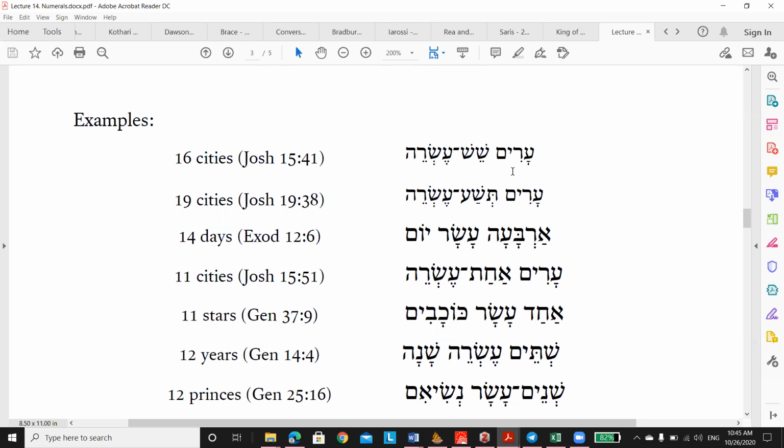Yes. Do you see in Hebrew, it is like two different words. Shesh. 16 is two different words. Yes. And when they do a number like 16, they need to adjust it to the gender of the noun.